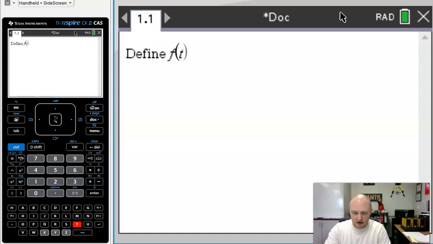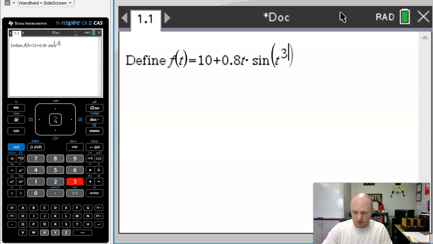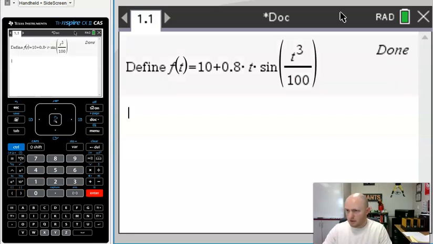So f of t is equal to 10 plus 0.8 t times sine of t cubed divided by 100. Okay, looks good. All right, if I'm going too fast, pause me so you can enter this.